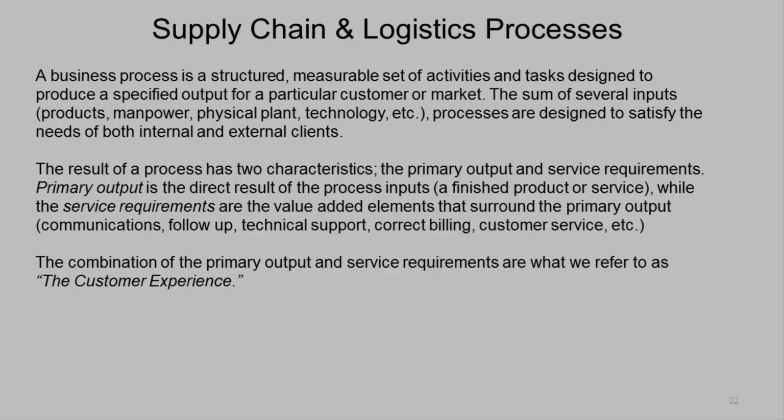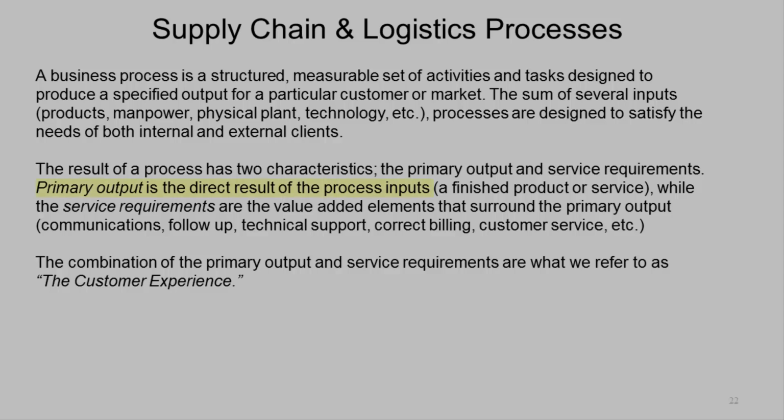Second paragraph, quickly. A process really has two characteristics: the primary output and service requirements. And I think this fits in nicely with our subsequent conversations on the element of customer service as it relates to supply chain management. So we're trying to accomplish a goal. Generate an order that's complete and in good condition and on time, but also there's a service requirement around that.